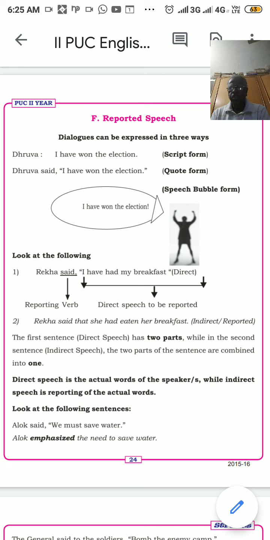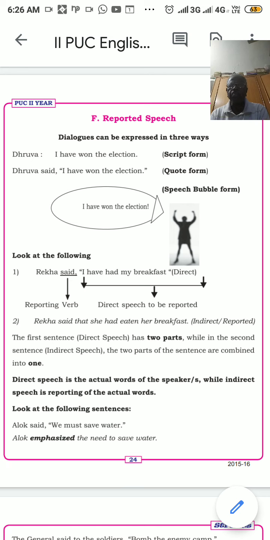In direct speech, we use the actual words of the speaker, and they are put in inverted commas. Sometimes you see the text. There are 3 forms: script form, quote form, and speech bubble form.